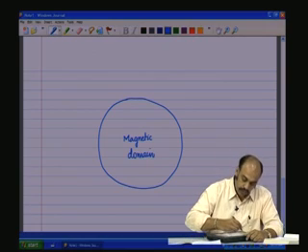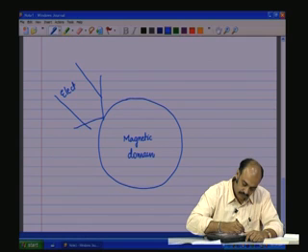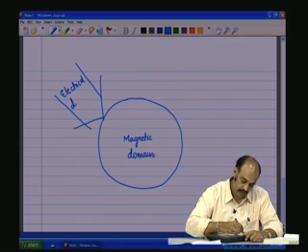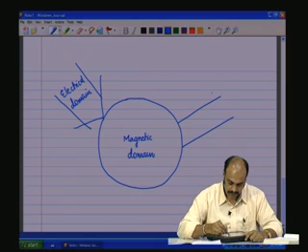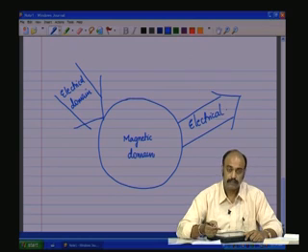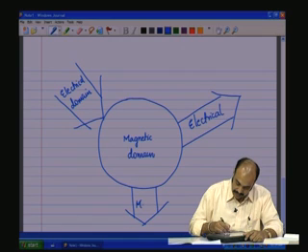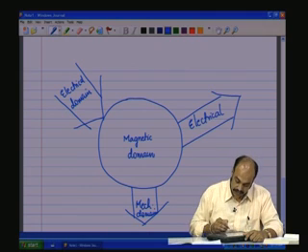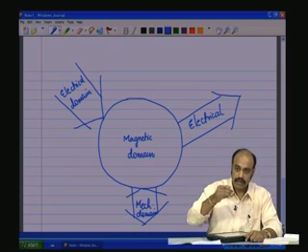So, you could get power or energy input from the electrical domain, take out power in the electrical domain, or you could take out the power in the mechanical domain, or you can put energy into the magnetic domain from the mechanical domain and take out power into the electrical domain.